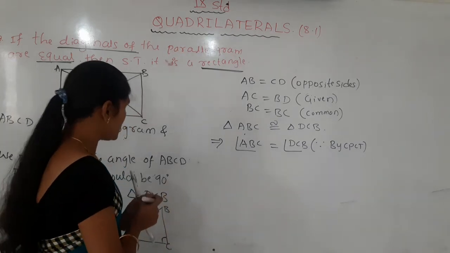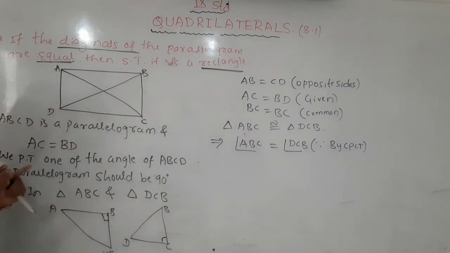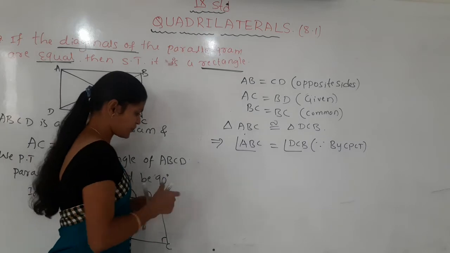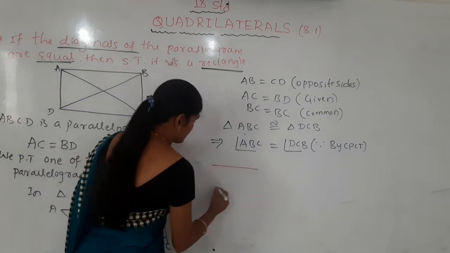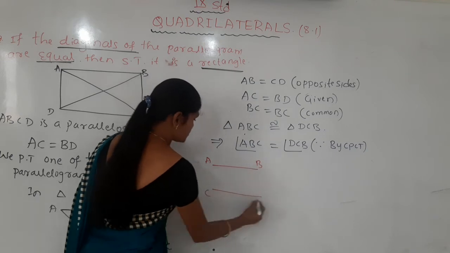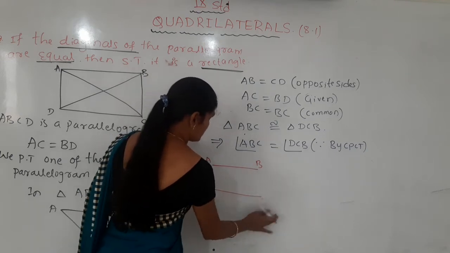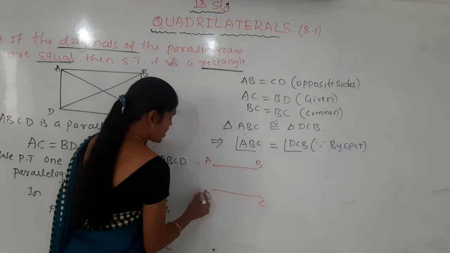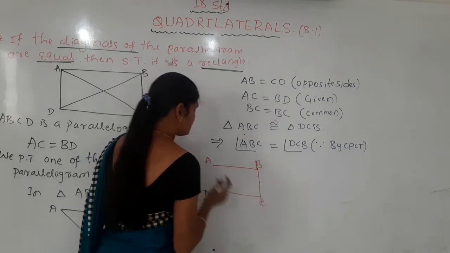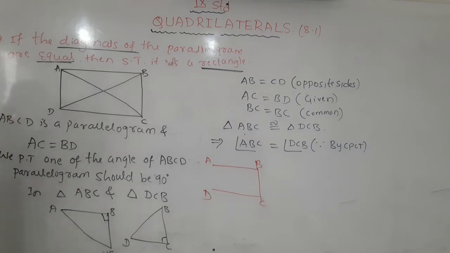And now we come to one of the points. Here AB is parallel to CD. This is the AB side. This is CD. AB is parallel to CD, and can you take this BC as one of the transversals?